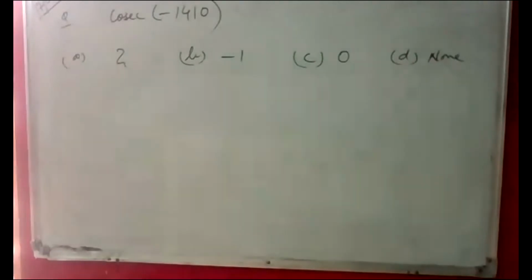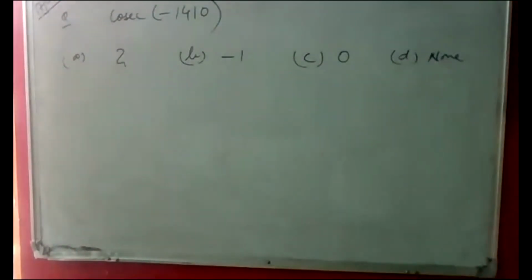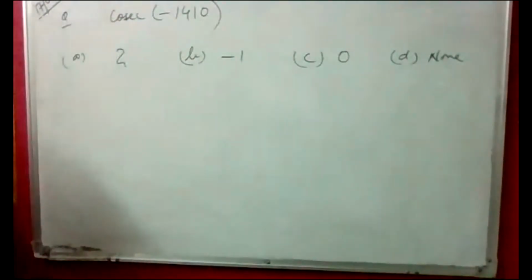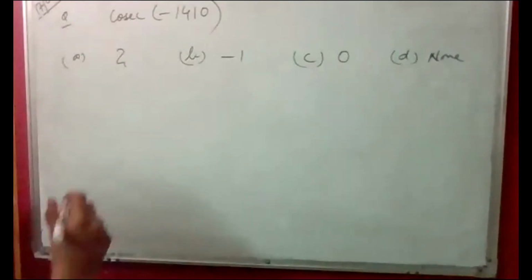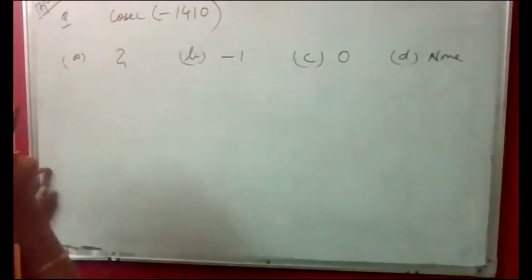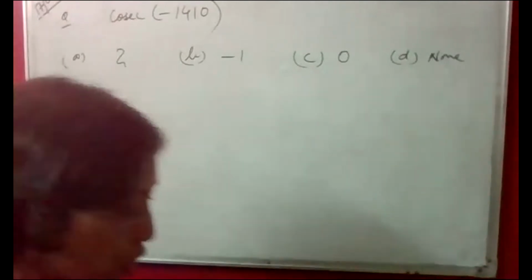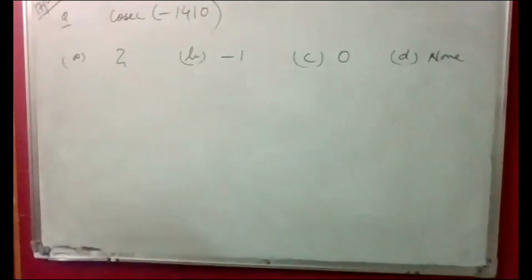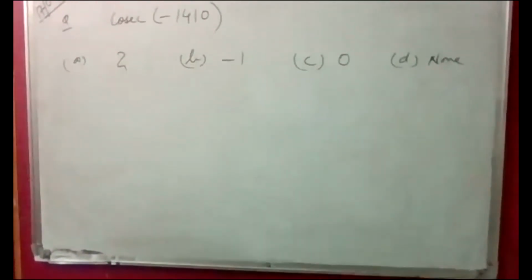The options are 2, minus 1, 0, none. You have to solve it. The ratio changes that we have just done will be used for this. Solve it and give the answer. Just raise your hands and give the answer.